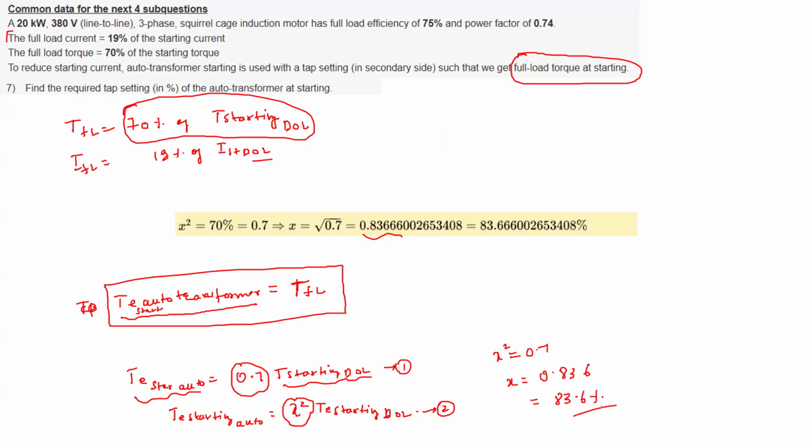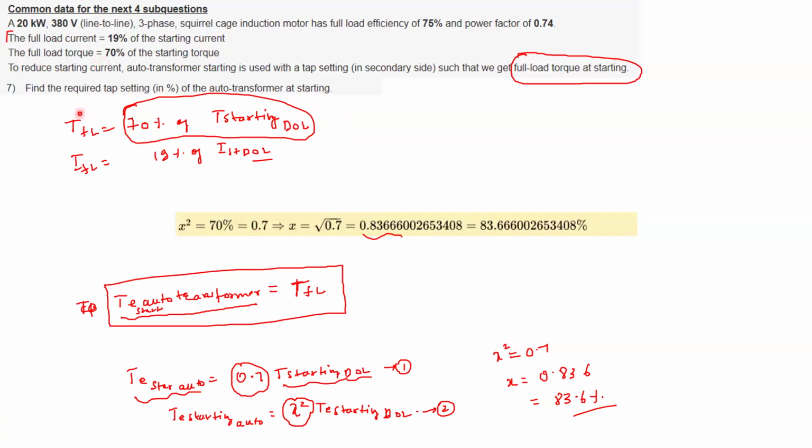Okay, so is this question clear? This question is a little bit tricky. Try to understand it. Is there any doubt? Should I repeat it again? For you it is clear, right? What they're saying is that you are using auto transformer starting, and it is such that you get full load torque.